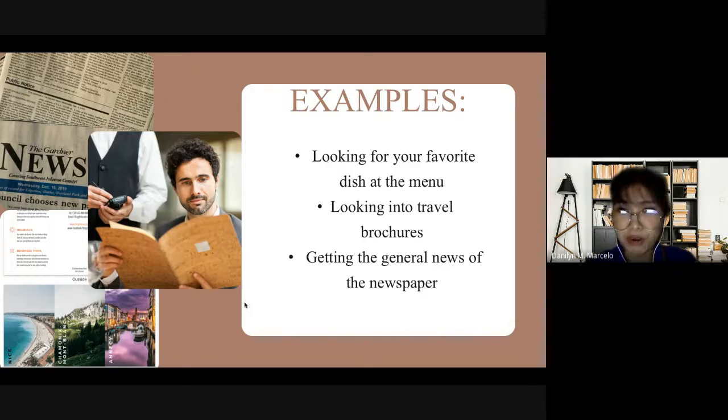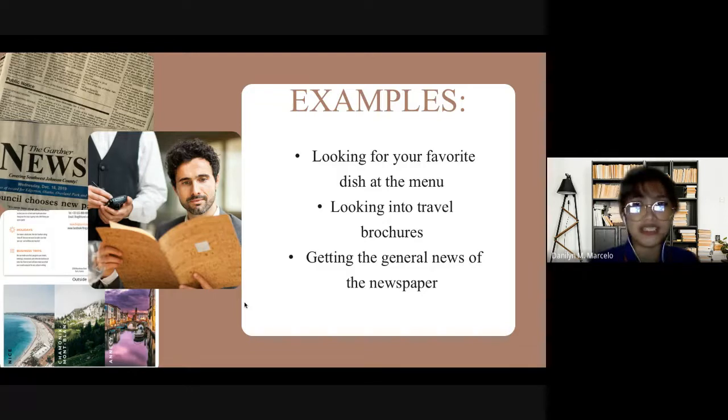We are skimming here also because when we are looking at travel brochures, we don't read every word there, right? We're just looking at the introduction, the text structures, and the important parts about the places that we will see in that particular travel brochure. So that's skimming.